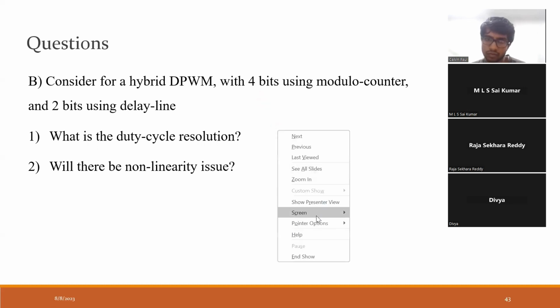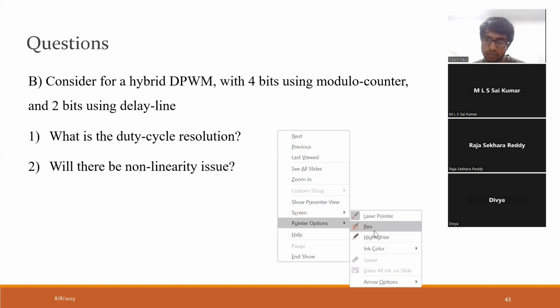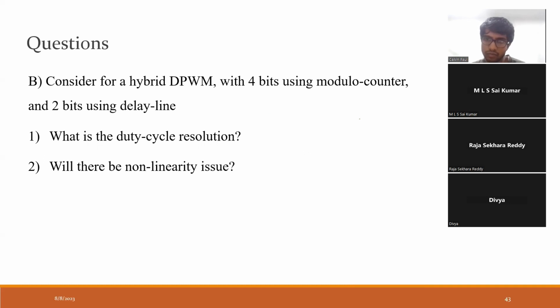Actually the total number of bits will be 2 plus 4, so it will be 6, and the delay line introduces 2 bits.